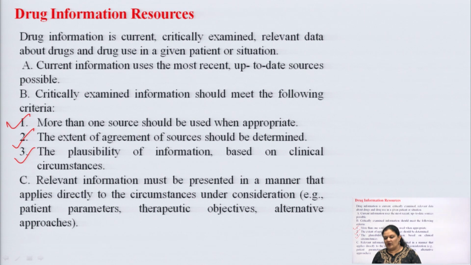Third one is the possibility of information, meaning the predictability, or the probability, of the information you may get from the source, which is based on the clinical circumstances. It means the condition of the individual patient. Suppose a patient is suffering from cancer.